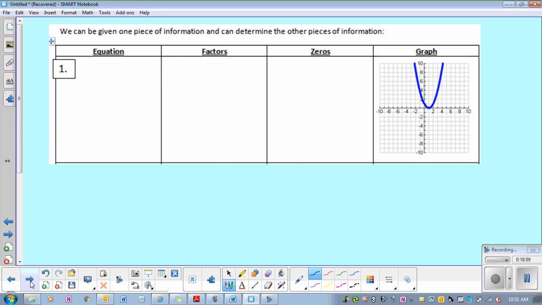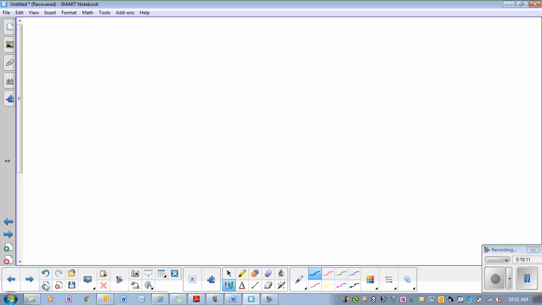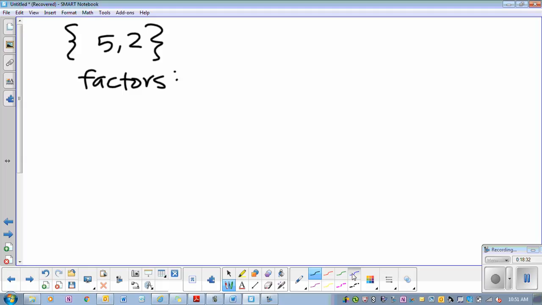All right. So there's another part that's missing, right? Down at the bottom, it says more practice. The zeros of a function are 5 and 2. What are the factors? -5 and -2. Good.